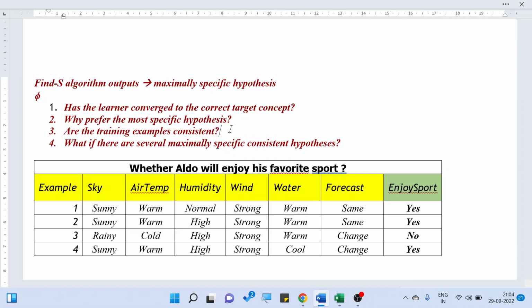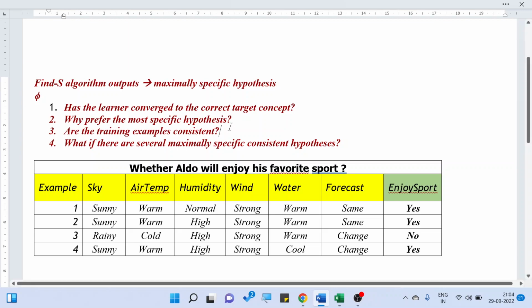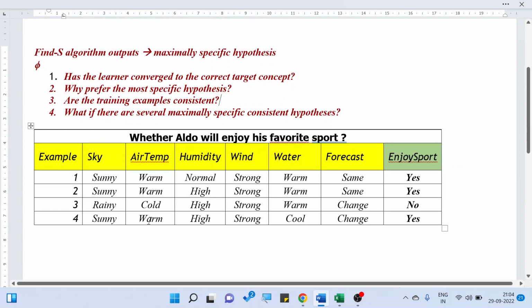In that case, there should be a backtracking facility to accommodate other hypotheses, but that backtracking feature is not present in the Find-S algorithm.